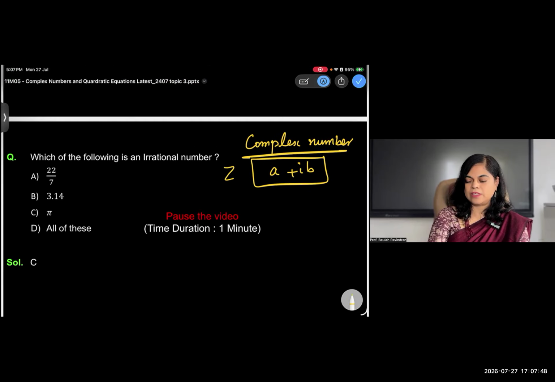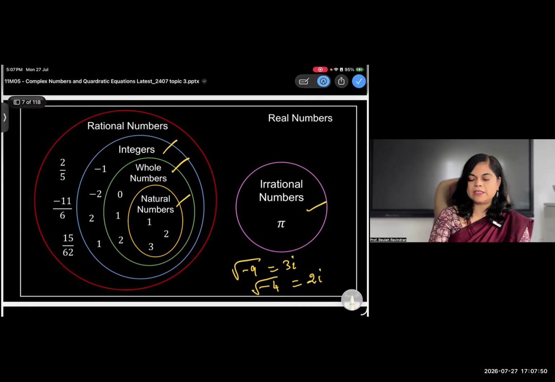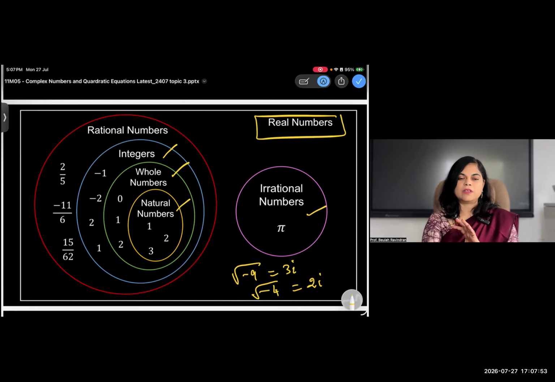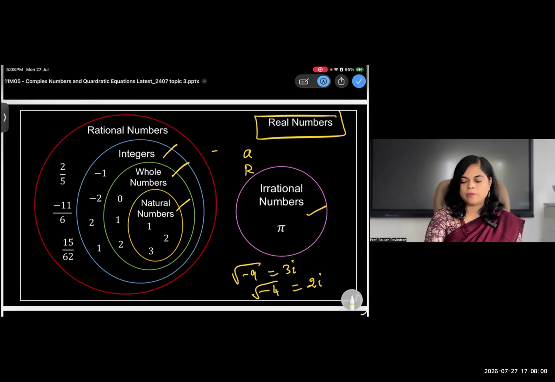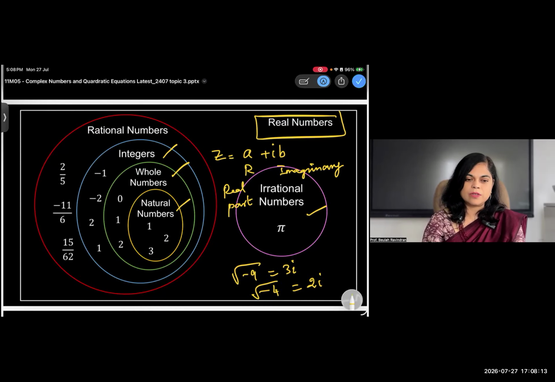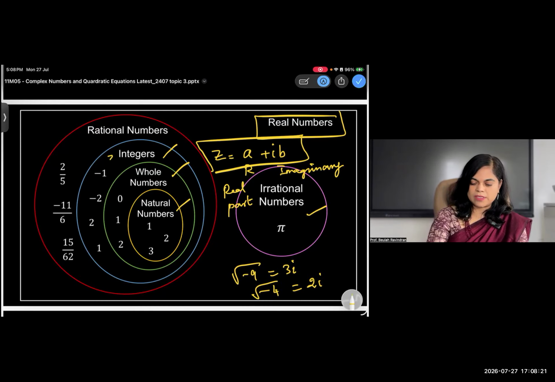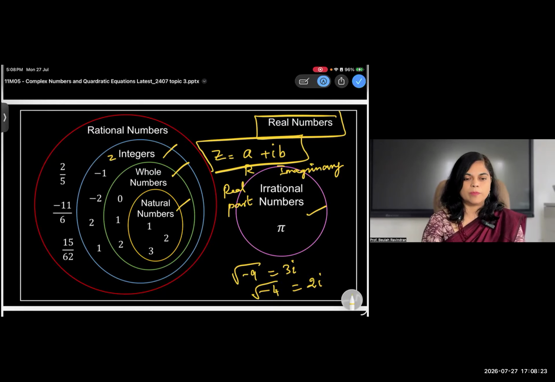We can designate it with the help of a letter Z. If A is the real part of the complex number, and B is the imaginary part of the complex number. This is the imaginary part, this is the real part. Is it clear for you? It's a very important thing. You can represent integers as small z and capital Z for the complex number.